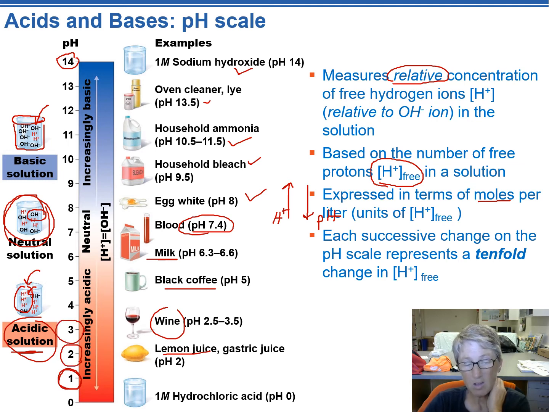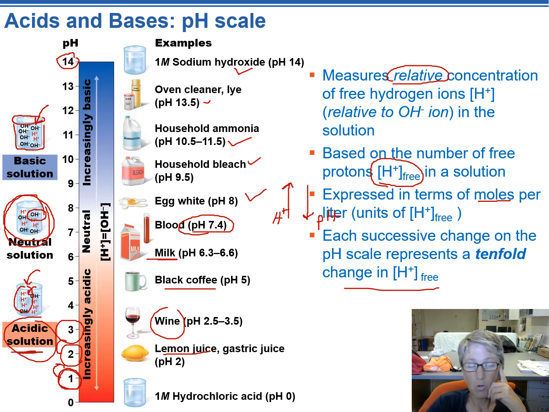So each successive change, for example from 1 to 2, or from 2 to 3, represents a 10-fold change in the concentration of free hydrogen ion, because it's a negative logarithmic scale. That's why. So it's a log scale. You jump by 10. So from 1 to 2 is not merely one jump. 1 to 2 is 10 jumps.